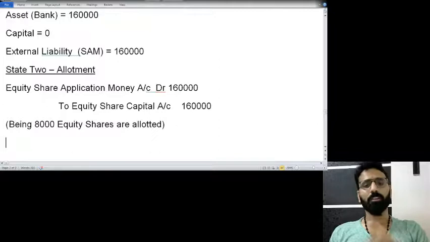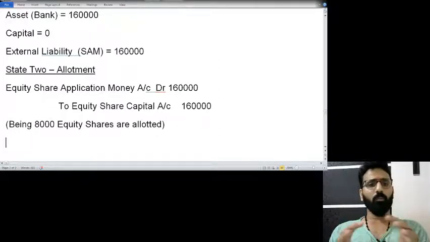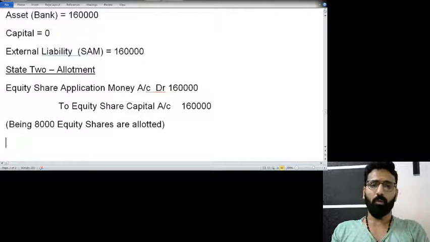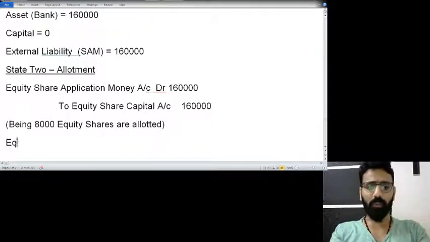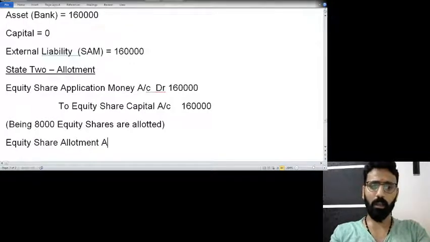Now question comes, now you guys are my shareholders, immediately you have to pay your allotment money. But did I make a call? No. Did I ask you? No. So I'll pass a due entry. What is the due entry? Equity share allotment account, how much money you should pay on allotment? 30.